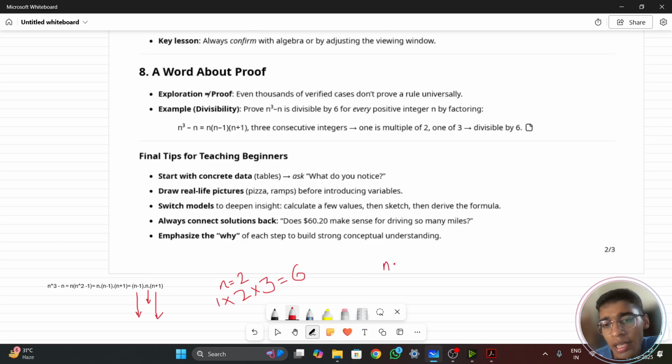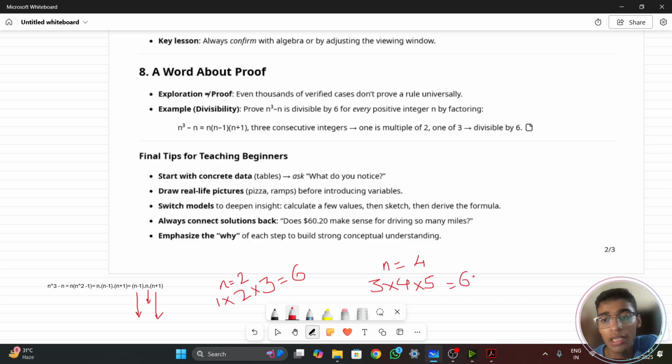If I take n equals 4, I'll be getting n minus 1, which is 3, into 4, into n plus 1, which is 5. So 3 into 4 into 5. Is this number divisible by 6? 3 into 5 is 15, 15 into 4 is 60.